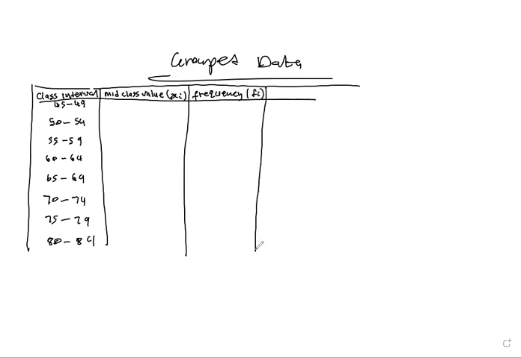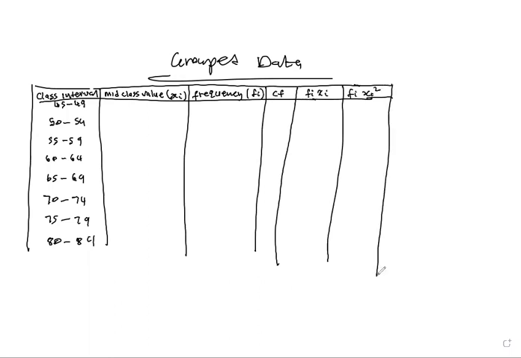Then we get the cumulative frequency. We can include this column. Then we can also include the column of the product fi times xi. Then the last column is the product of fi xi squared. Okay, so now we've got our table.